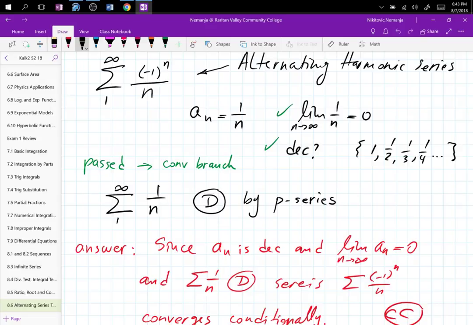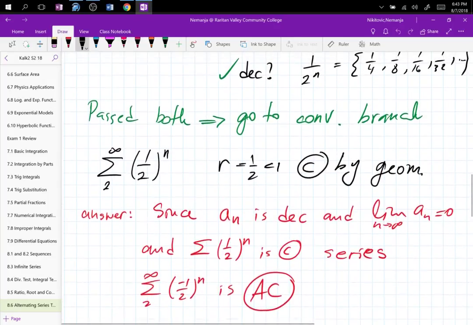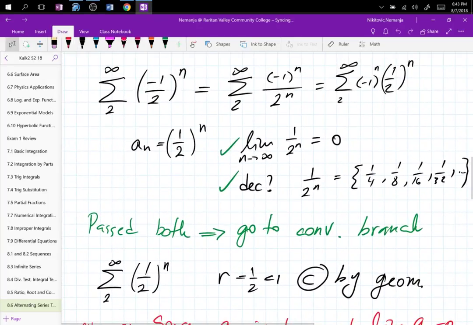So for absolute convergence, which is our previous problem, we see that we hopped on the convergence branch. Yay, it converges. And then we also see if we remove the (-1)^n, it still converges. So regardless of whether the alternating term is in or not, it converges. So absolute convergence converges absolutely, converges all the time.